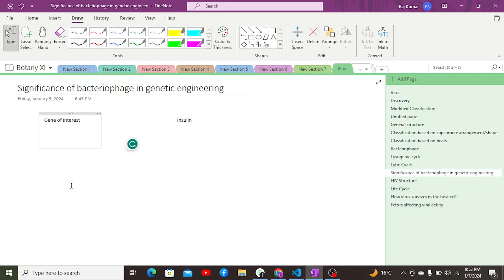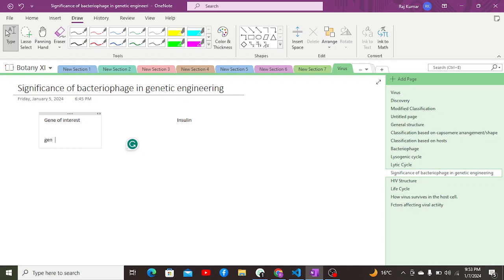And at that moment, that gene of interest is inserted into another organism, which will provide us our desired product, in which we are going to insert the gene of interest, which is going to give us the product insulin.